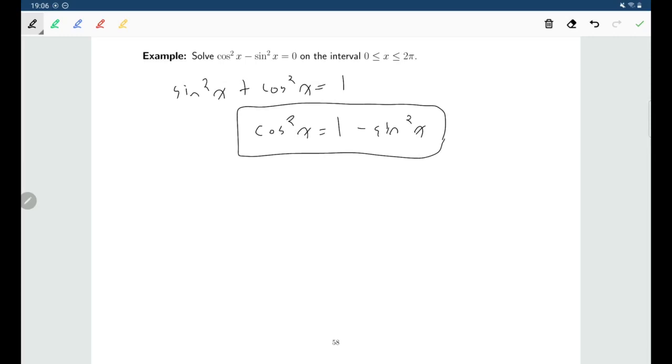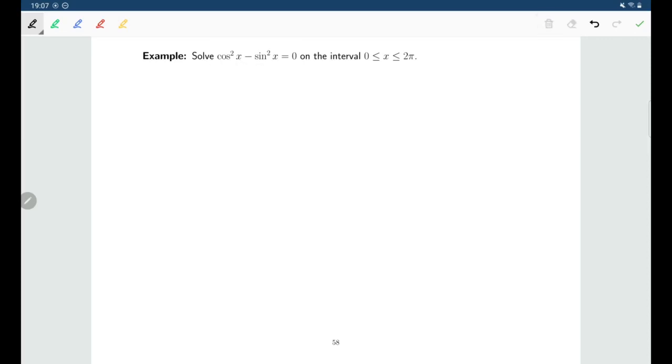So that's my idea here. I'm going to take the original equation that I have, and I'm going to replace cos squared x with 1 minus sine squared x.